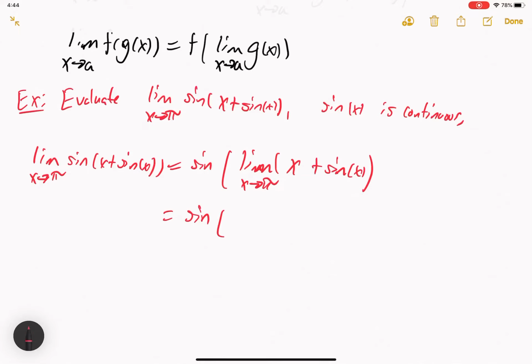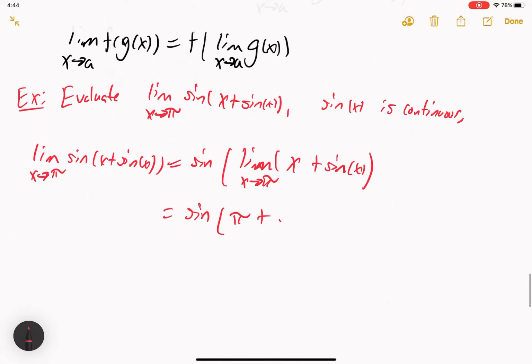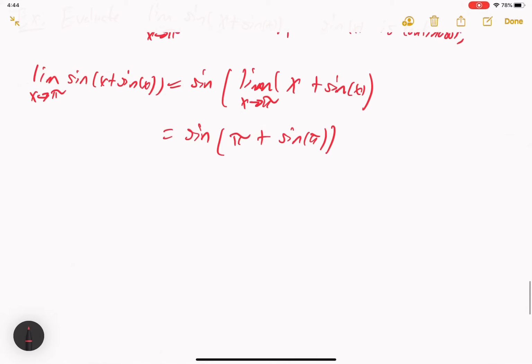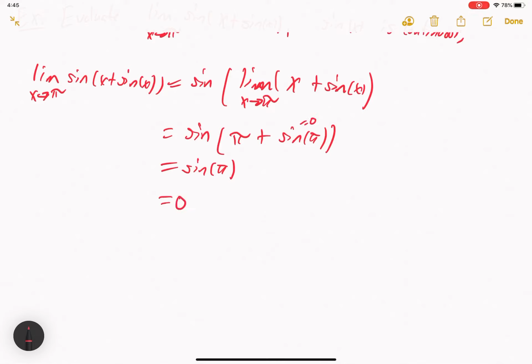And again, we can just use the limit laws for this one, or use the fact that both x and sine of x are continuous, and we can just plug it in. So we just get sine of pi plus the sine of pi. The sine of pi is equal to 0, so we just get the sine of 0, which again is equal to 0. So that's pretty nice.